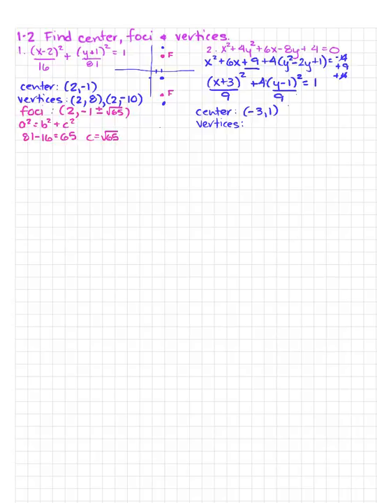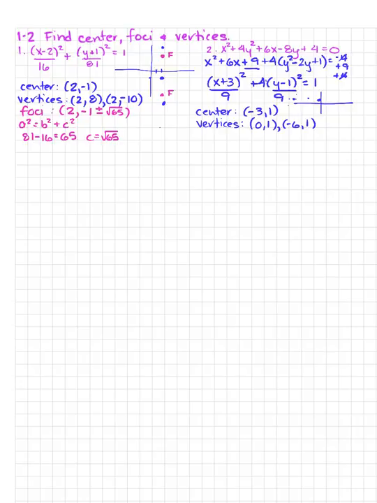So in this case, your major axis is going to be in the x direction. So we have here at -3, 1. I'm just kind of sketching it, and then we're going to go square root of 9 out, 3 back. So my vertices are going to be at 0, 1, right on the y-axis, and at -6, 1.